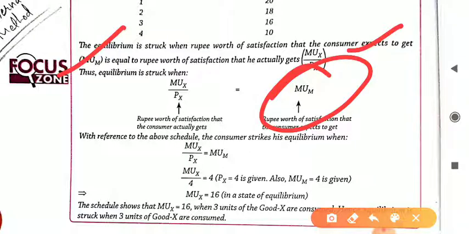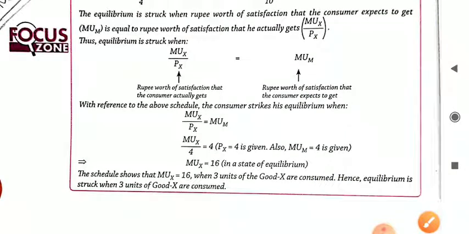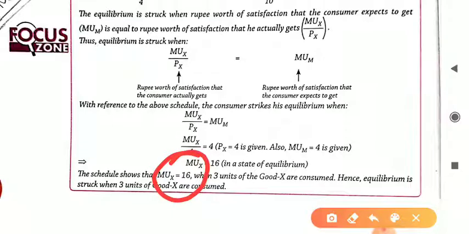In our case, MUX divided by PX equals MUM. When we put in the values, price is rupees 4 and MUM is already given as 4. The schedule shows that MUX equals 16 when 3 units of good X are consumed. Hence equilibrium is struck at point 3.